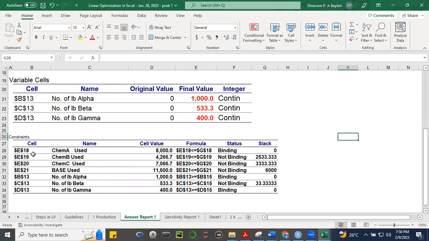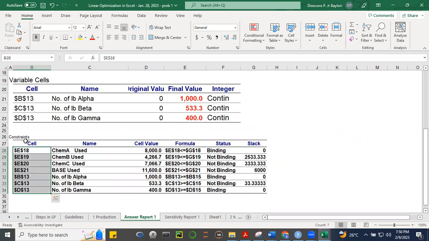All right. So what are these? E18, E19, E20, E21, B13, C13. These are your left-hand sides. These are our constraints.